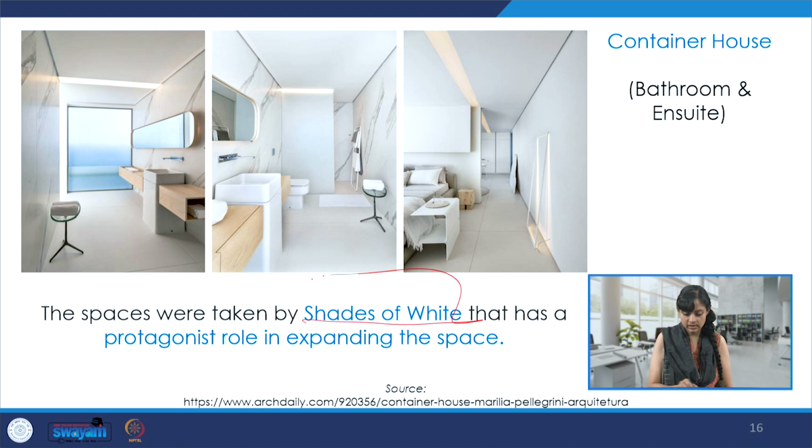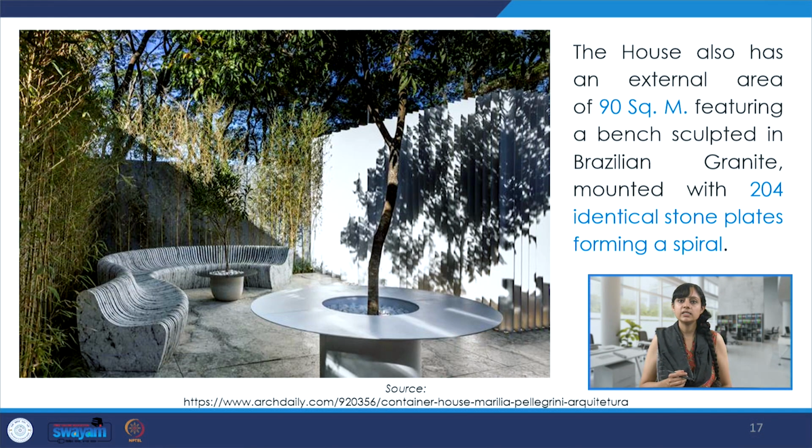So that's again a strategy by design. The house has a very interesting external area which is very pleasing, and it has a bench which is sculpted in Brazilian granite, and on top of it there are 204 identical stone plates which frame this spiraling impact.